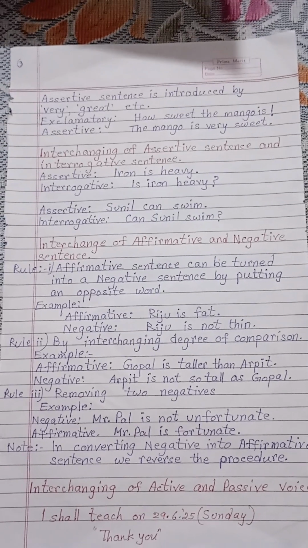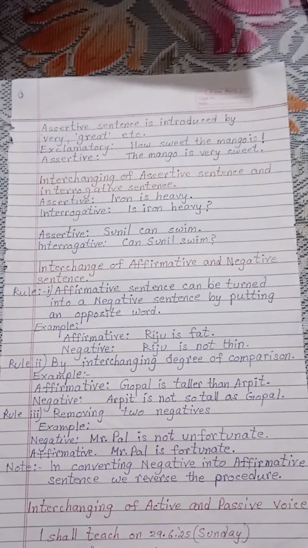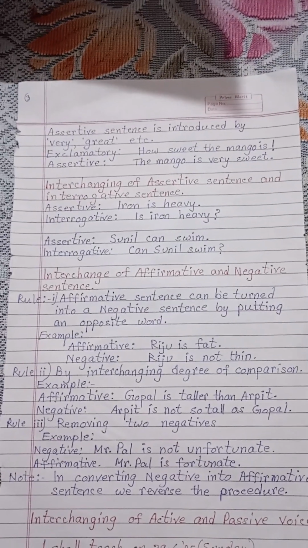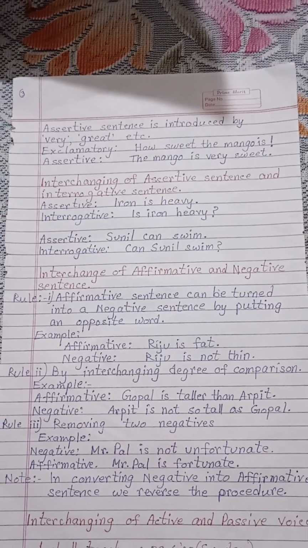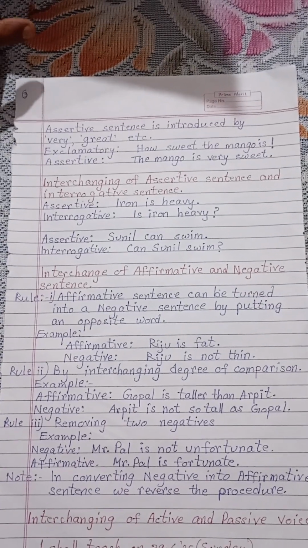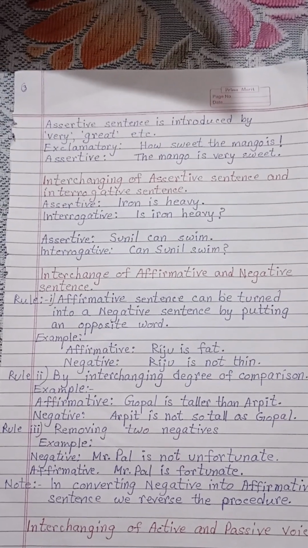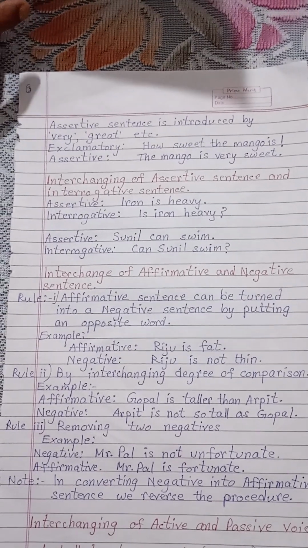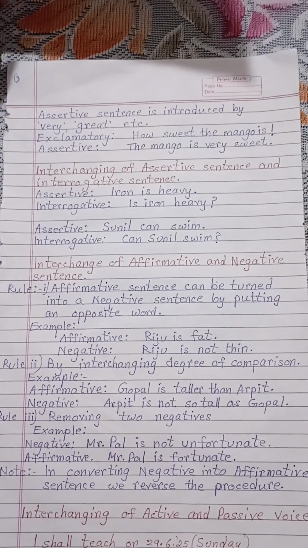Now next rule, removing two negatives. If in the sentence there are two negative words, we have to remove it. How to remove? Example, Mr. Pal is not unfortunate. So fortunate is the affirmative word, positive word. Unfortunate is negative word. But Mr. Pal is not, negative, unfortunate, again negative.